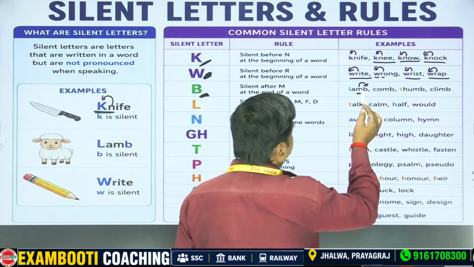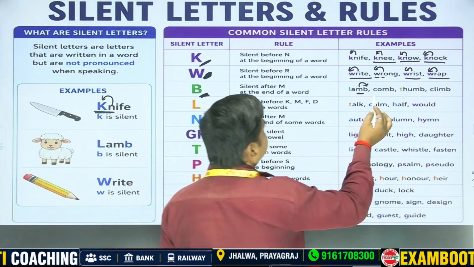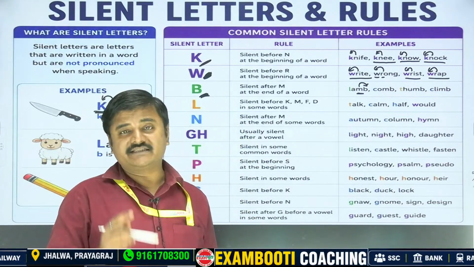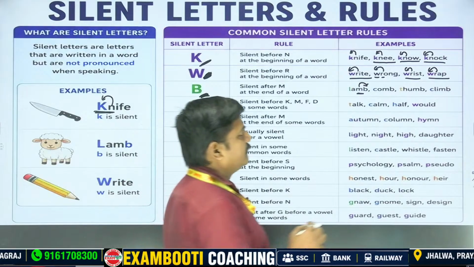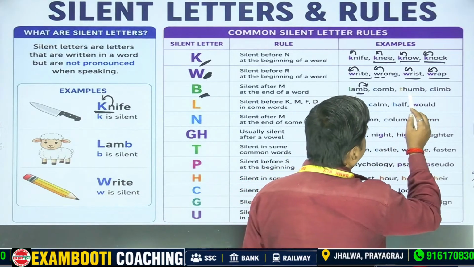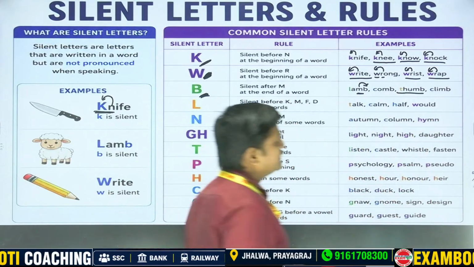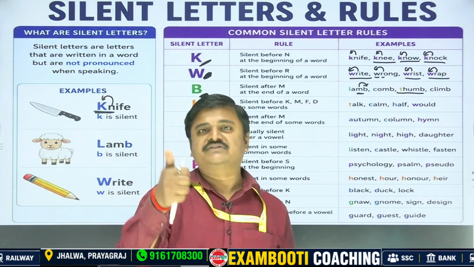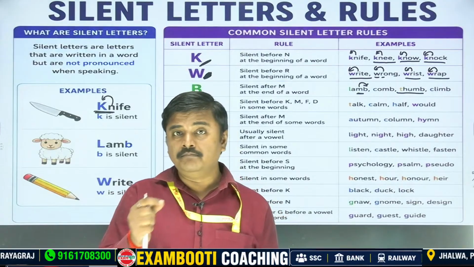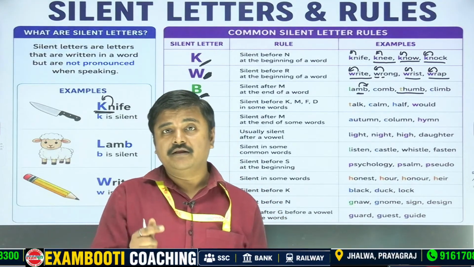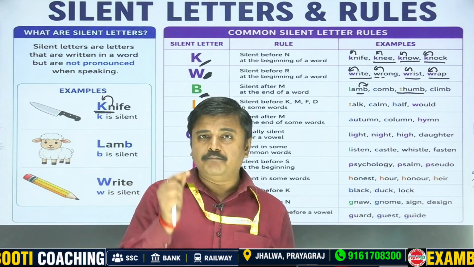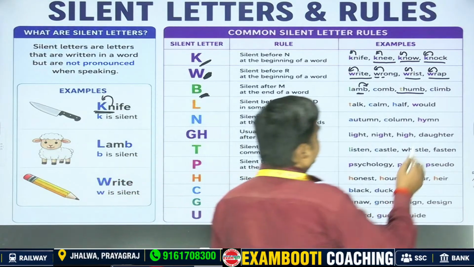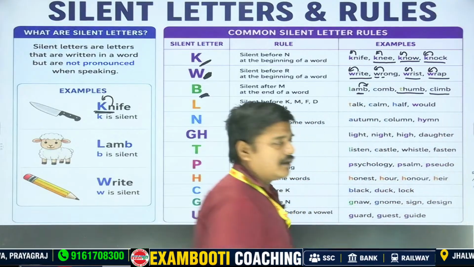So this is lamb, with the B silent. This is comb, not with the B sound. This is thumb, and that is thumbs up. Thumbs up, with no B sound. B is silent because B just comes after M. And there is also a word like climb.